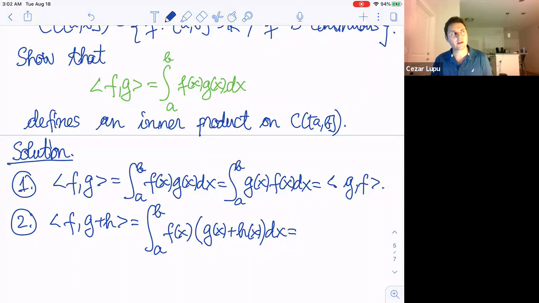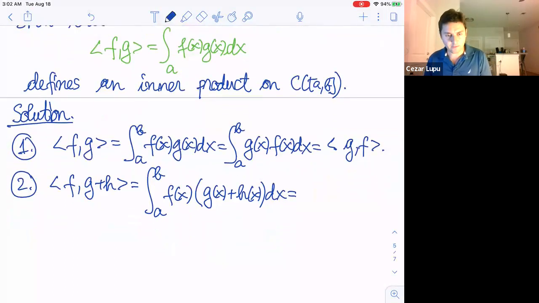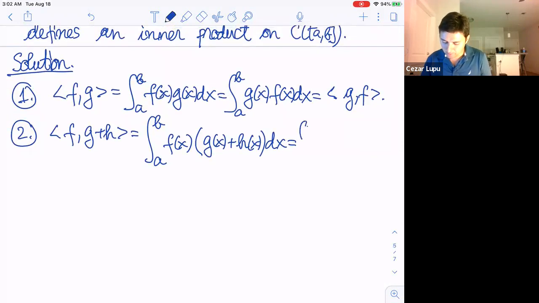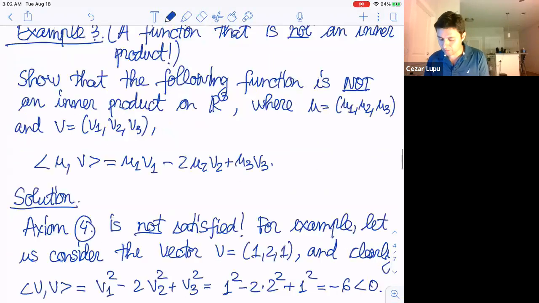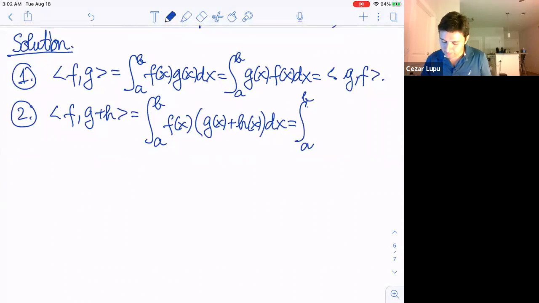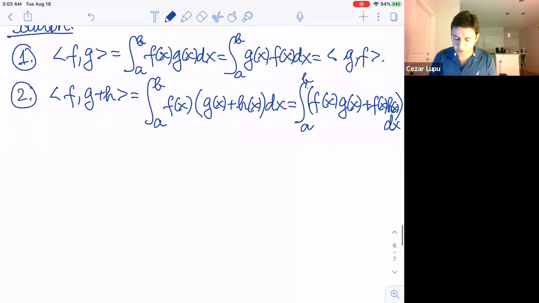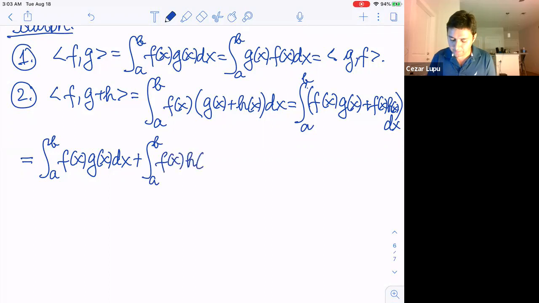Once we use the fact that the integral is linear, if we multiply the functions inside, this is the integral from a to b of f of x times g of x plus f of x times h of x dx, which will be equal to the integral of f of x times g of x dx plus the integral of f of x times h of x dx.